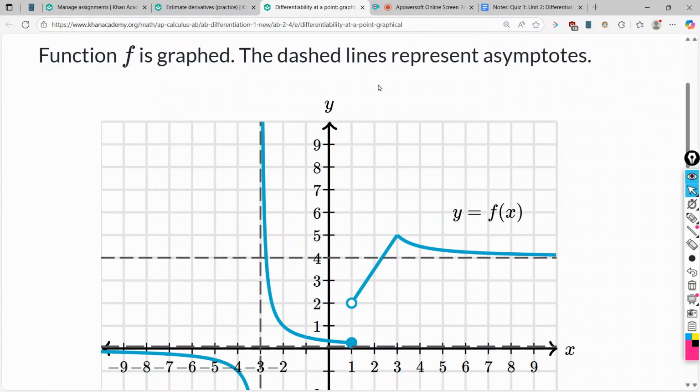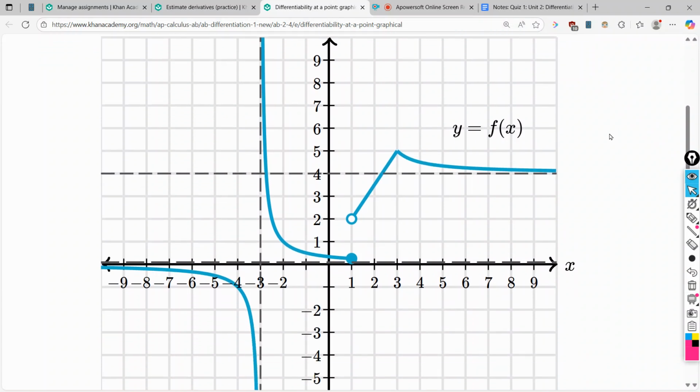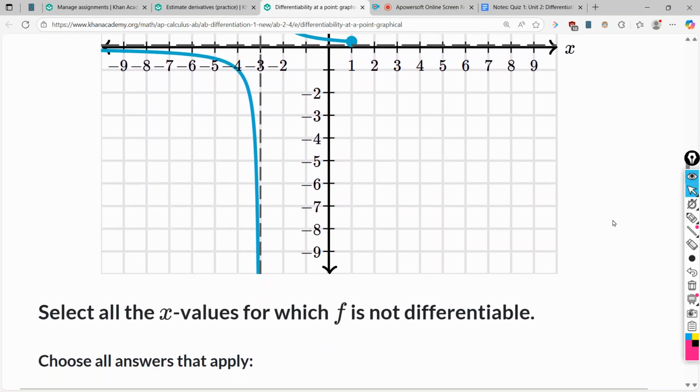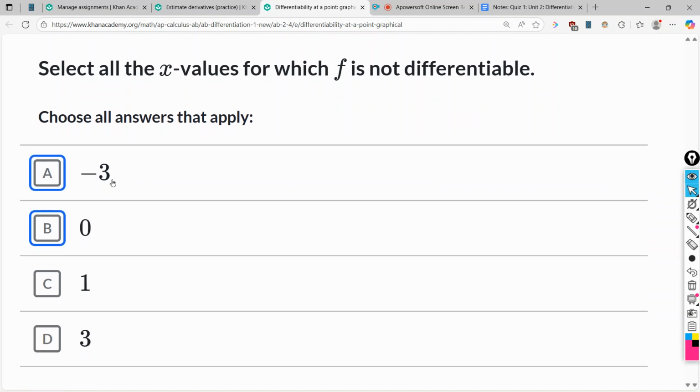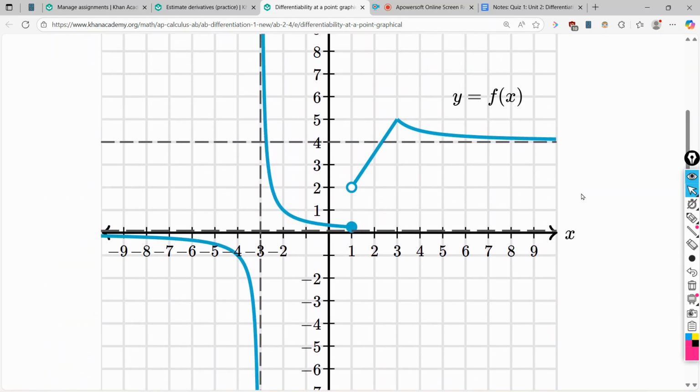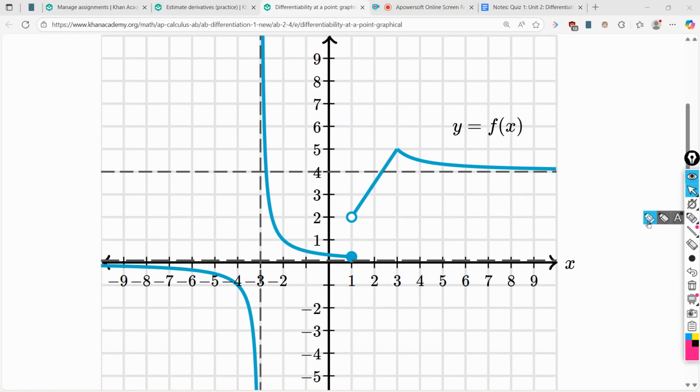All right, function f is graphed. Dashed lines are asymptotes. Select the x value for which f is not differentiable. Let's check -3 and 0 for starters. Here's the x-axis. Here's -3. Here's 0. At -3, there is a vertical asymptote, okay?